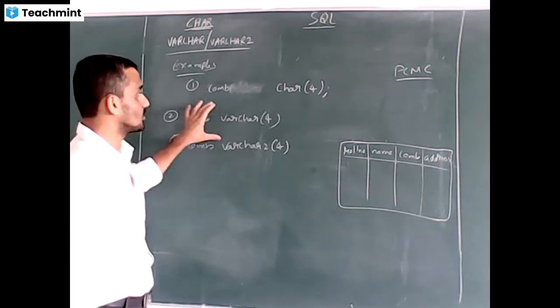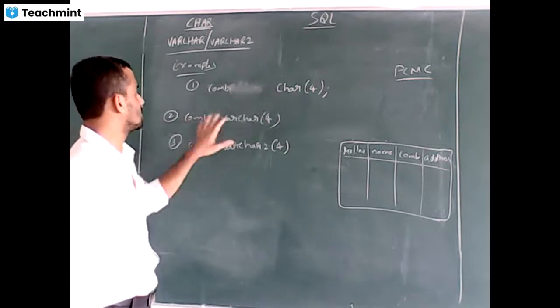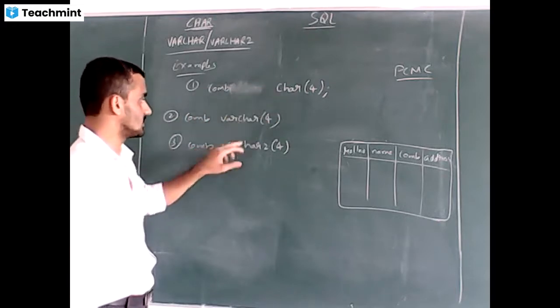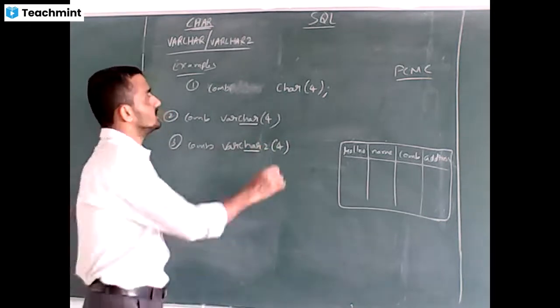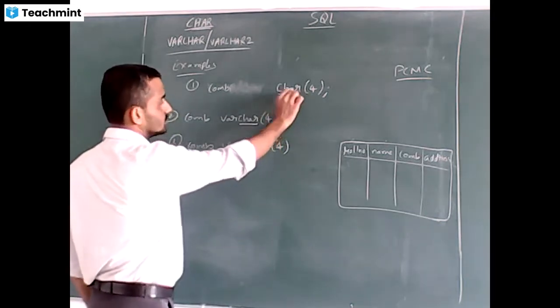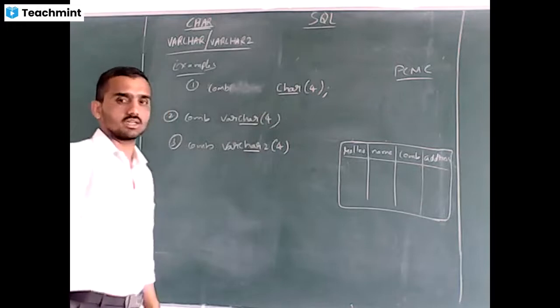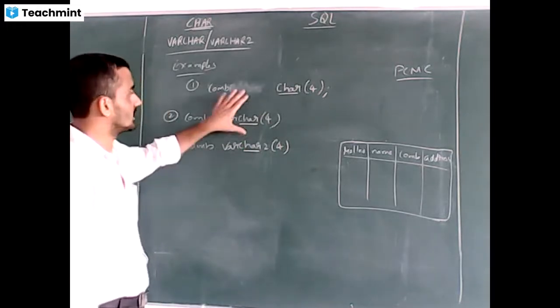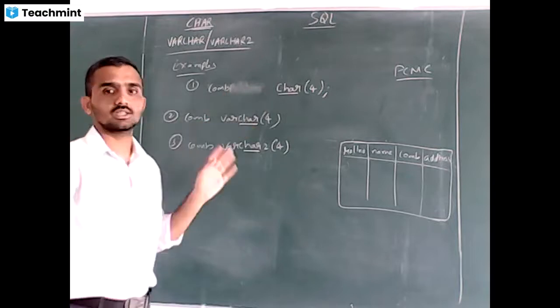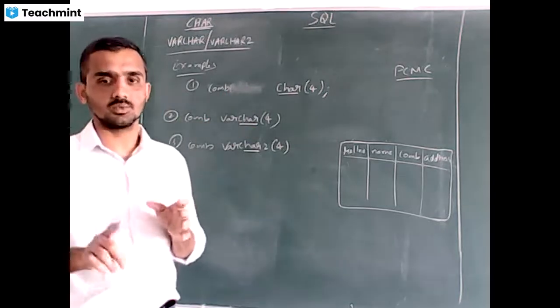But when you are writing a program, you can use anything, combination CHAR or combination VARCHAR. CHAR means character. The CHAR data type is used to store characters. VARCHAR is used to store characters. VARCHAR2 is also used to store characters. All 3 data types are used to store characters. Characters means capital letters, small letters, digits, symbols, anything.